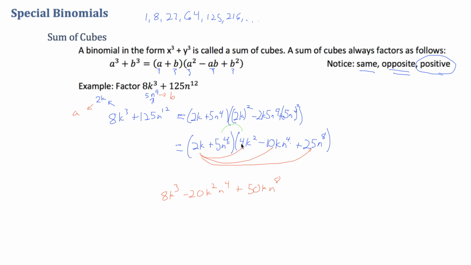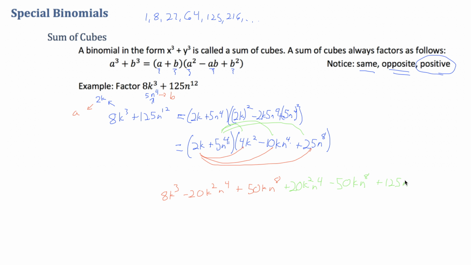So we'll multiply here. We have 5 times 4 is 20, so plus 20, and alphabetical order, k squared n to the 4th. Multiply here, we have minus 50k n to the 8th, and then we have this last term. 5 times 5 is 125.